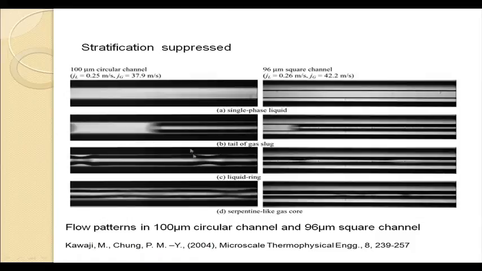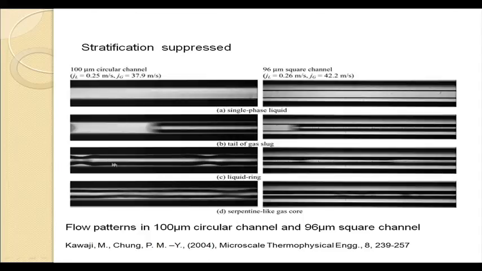I do not know how evident it is, but you will find that we have some slug sort of things, and then when the slugs become bigger, they get bridged at regular intervals.